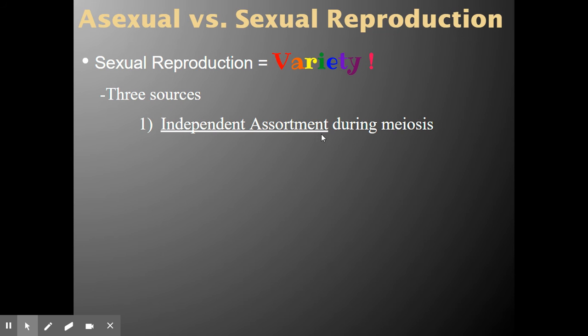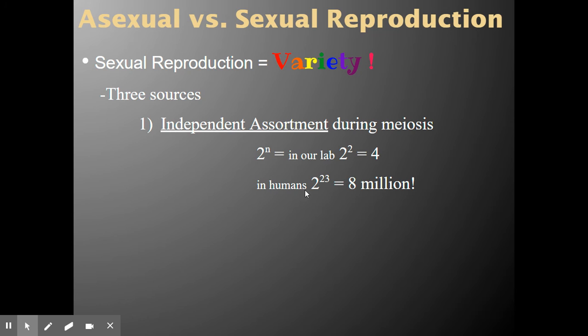Independent assortment through meiosis. So we go from 2n to 2 to the second, so we have 2 ways that they can be different, which is 4 different types.